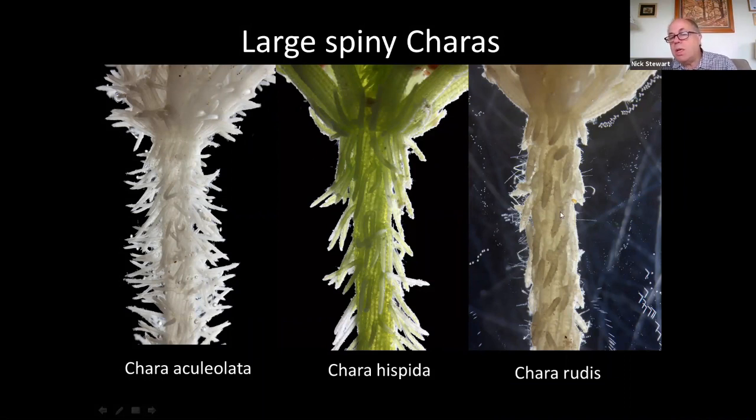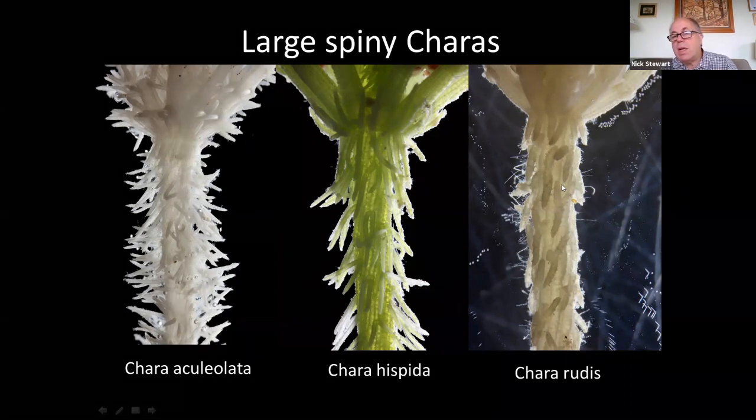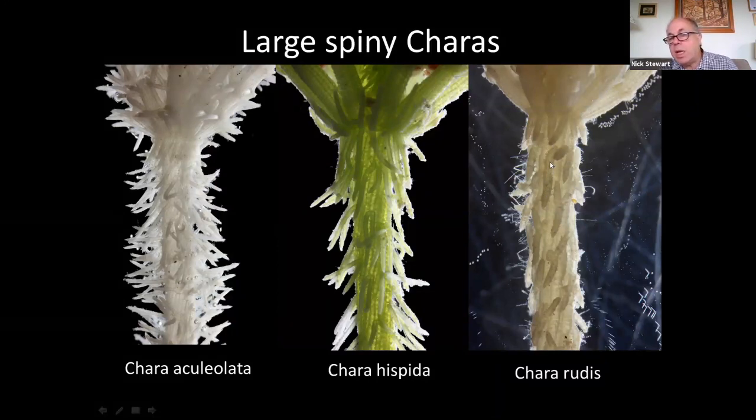Whereas in Chara rudis, the spines are flat to the stem, and you'll see that these are actually two spines end to end, and you'll find one spine pointing towards the center of the internode and one pointing away. And sometimes if you've got three spines, you get this very typical Y shape. And here you can see again, they're pointing in opposite directions. And they're much flatter to the stem.